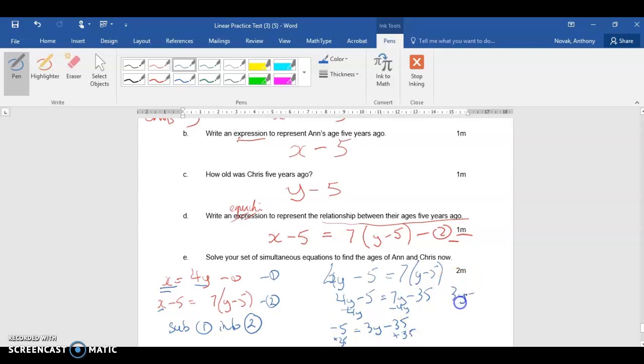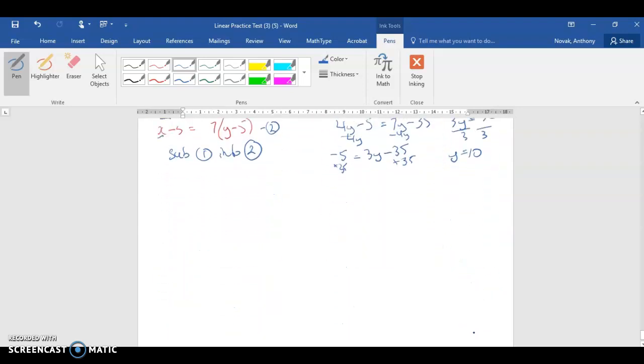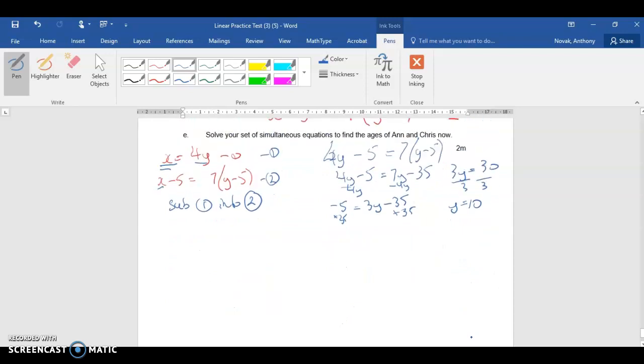So we have 3y equals 30. Therefore, y equals 10. And don't forget, the greatest thing about all of this is you can check your answer. So we now say Chris, who was equal to y, is 10 years old.